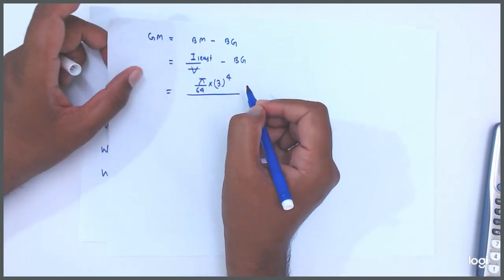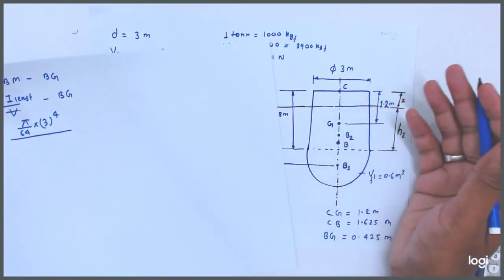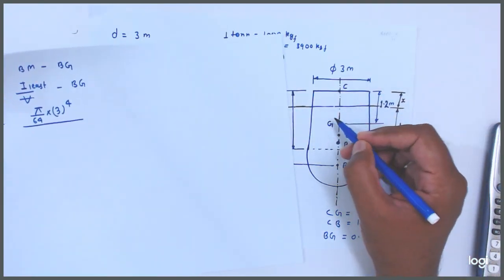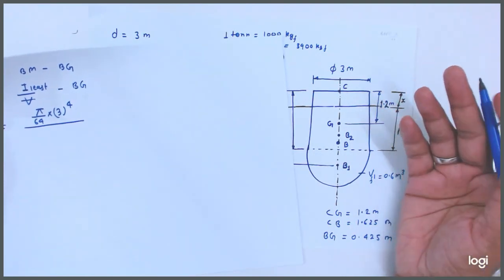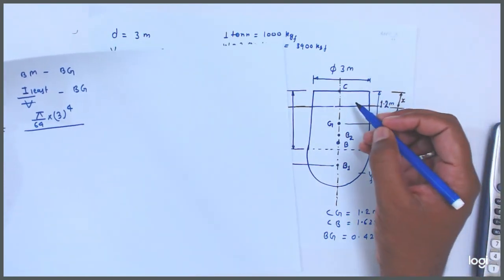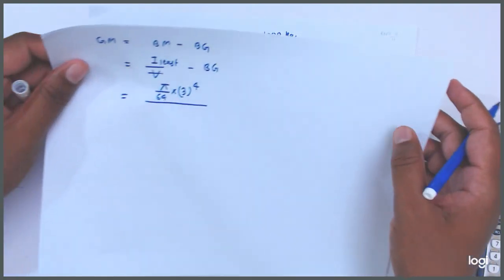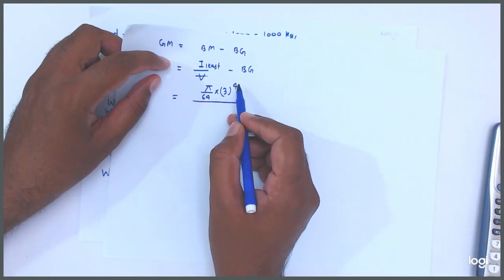Since it is cylindrical, you will get the same in any direction. If it is a rectangle, then the least moment of inertia will be different, there will be a maximum and a minimum. But for a cylinder, every side gives the same. That's why pi by 64 into 3 to the power 4.